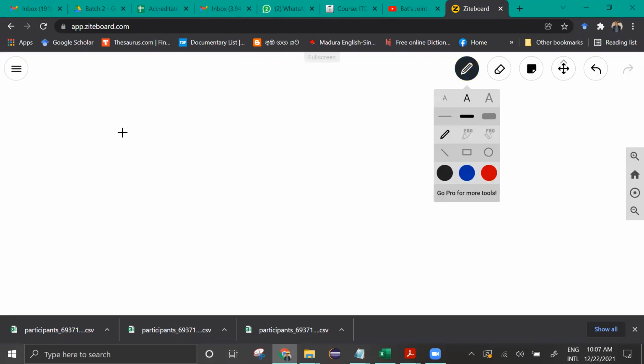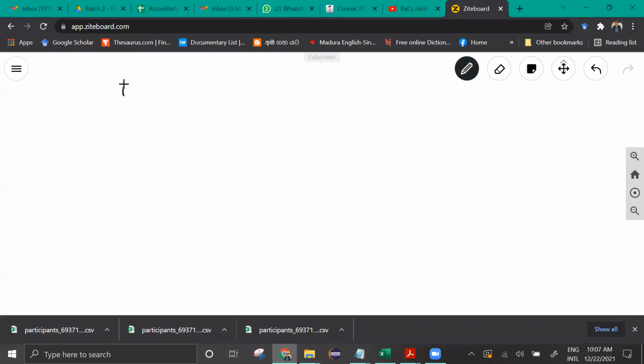Right. So we have a string. First, it is an empty string. In the loop, first, suppose our C is the character A, right?